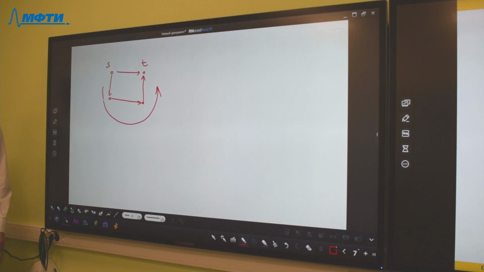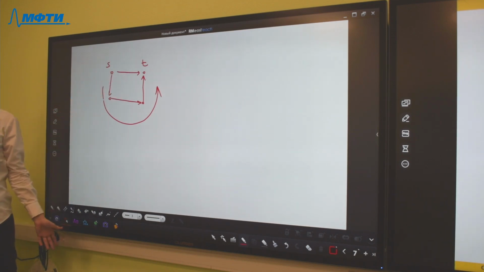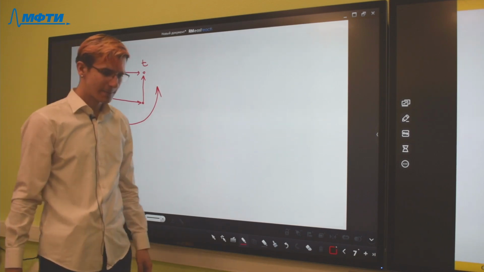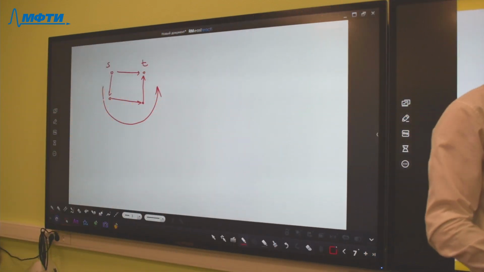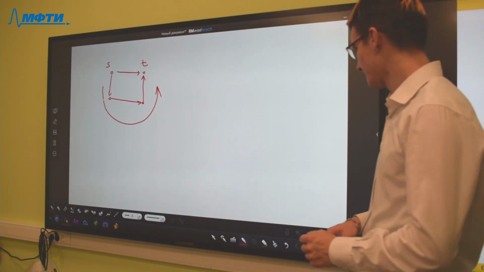Why? When we use DFS, we choose the edge incident to the vertex in a random way. It's not always sure that it's going to take S to T. You might get S to T of course, but it doesn't guarantee that you will get the shortest path. But you will get the path.